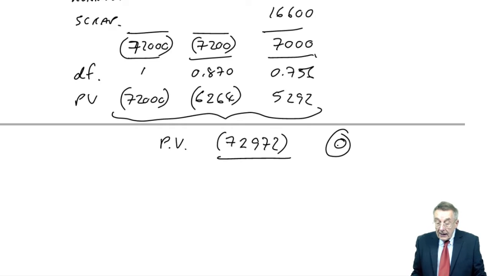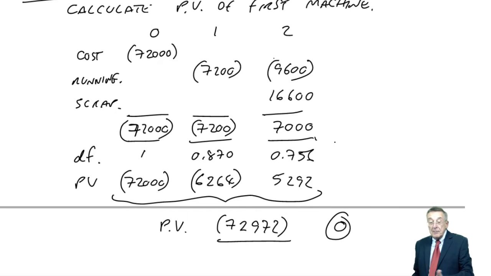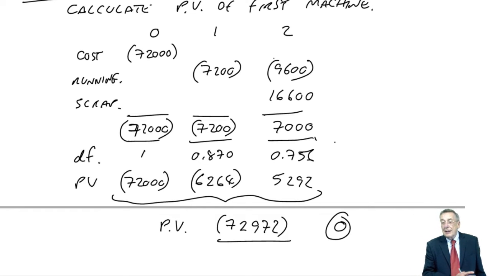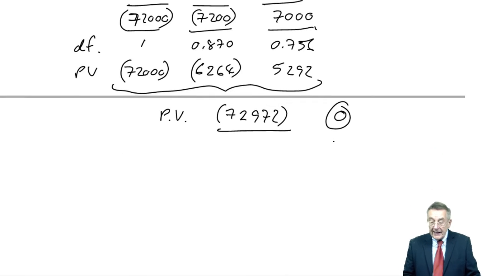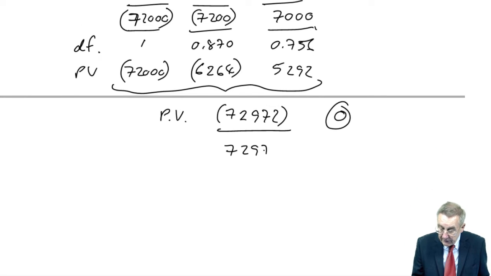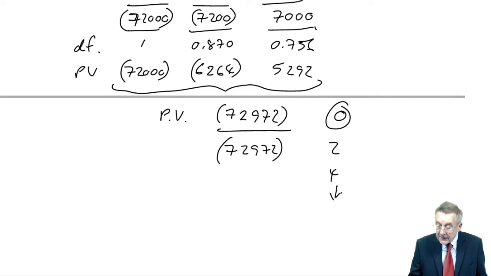So, of course, at time 2, you would immediately buy a new one and all the flows will be repeated. And if it's exactly the same flows, then it's going to be like paying out 72,972 at time 2, at time 4, and so on, every 2 years forever.